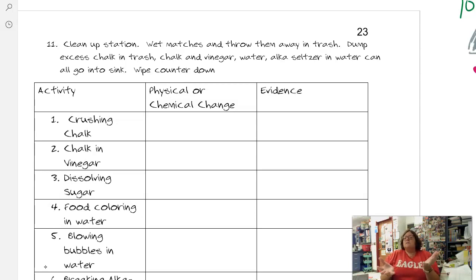Now, obviously, something freezing is going to get cold. So these are not always ironclad ways to tell whether you've got a new substance or not. But if you have gas produced, if you have light and heat given off, those are examples. Color change, a precipitate, if a solid forms at the bottom, those are examples. That's evidence that you had a chemical change.